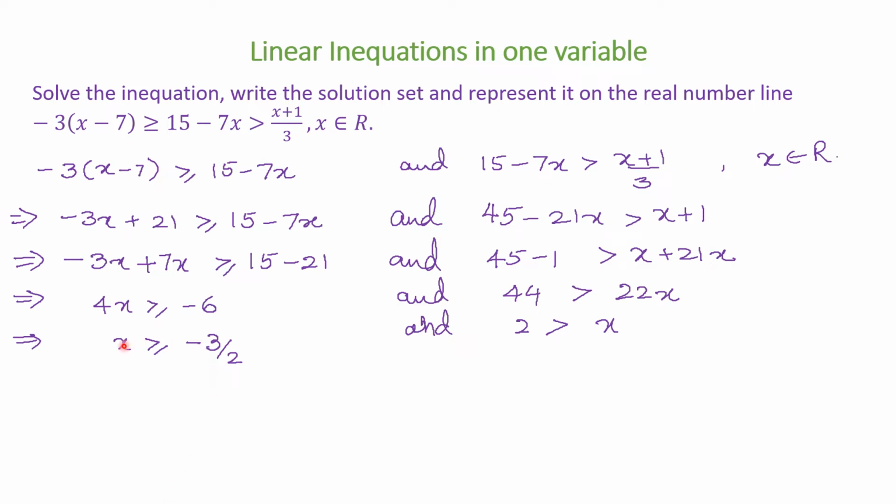I will now combine these two together and write it down as one inequation. In order to do that, I am simplifying this as minus 3 by 2 is less than or equal to x. Be careful, this part is towards minus 3 by 2, so I am writing it in the reverse form.